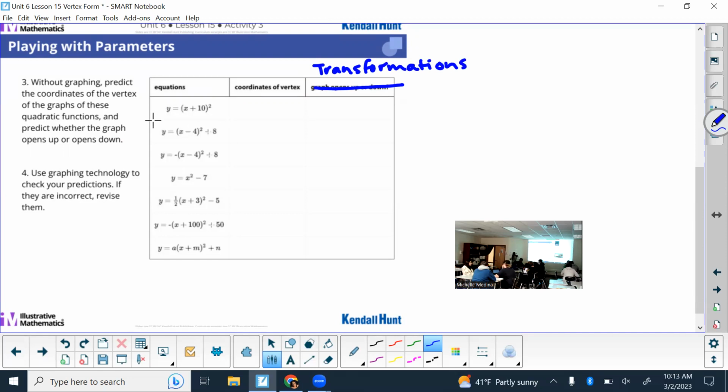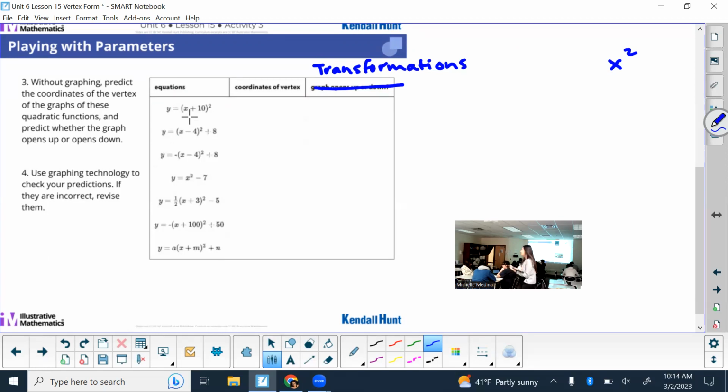So looking at it, is the a any different from the parent graph for this first one? y equals (x plus 10) squared. What's the a for this one? It's 1. Is that any different from the parent graph? No, so it's not getting wider, it's not getting stretched or compressed, and it's not flipping because it's not negative. So then keep going.